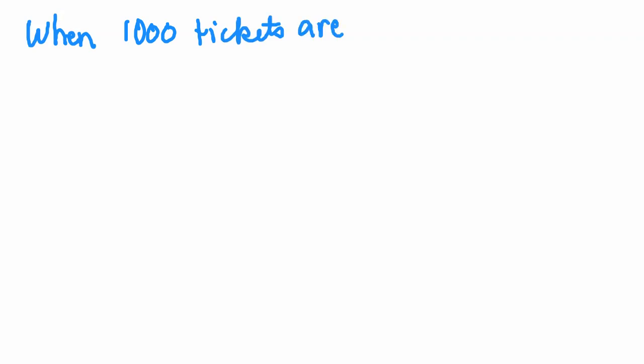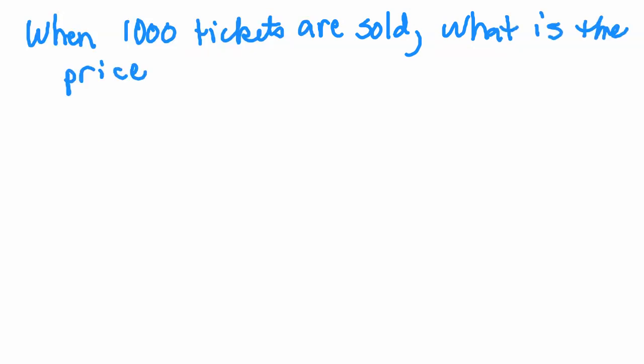Here, going backwards: when 1,000 tickets are sold, what is the price of each ticket? So before we knew the price and wanted the quantity, this time we know the quantity and want to find the price.